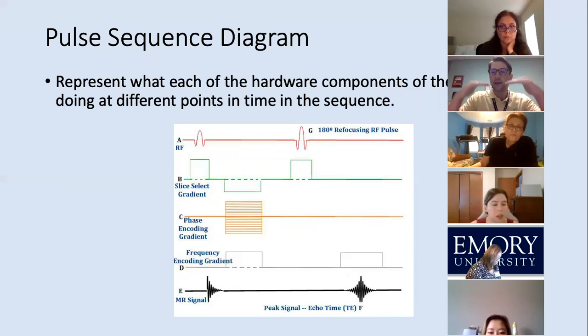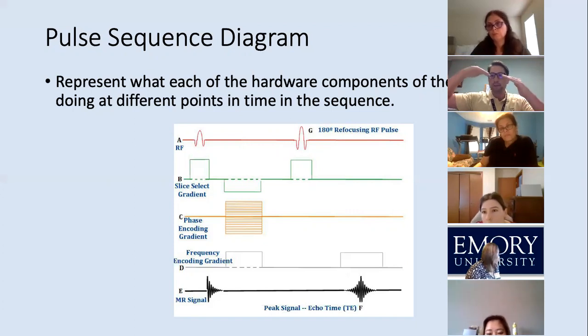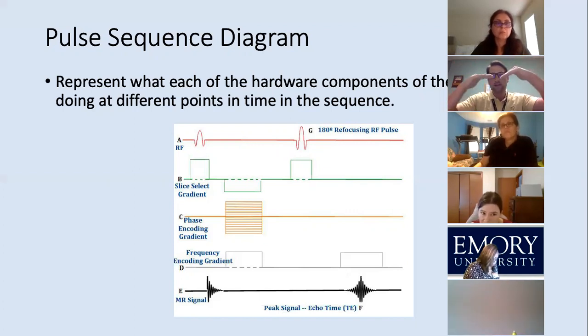So remember, gradients are applied by putting more current through a loop of coil, and that causes our uniform magnetic field to now be linear, where you have more of a positive end and more of a negative end. So you have what we call a bipolar gradient. One positive end, one negative end. That creates a fluctuation that is predictable in our precessional frequencies.